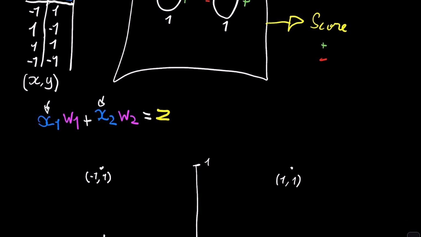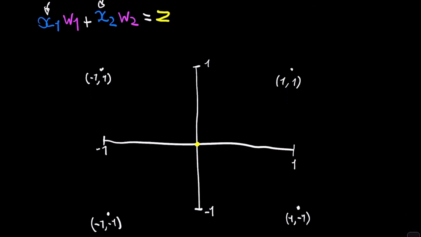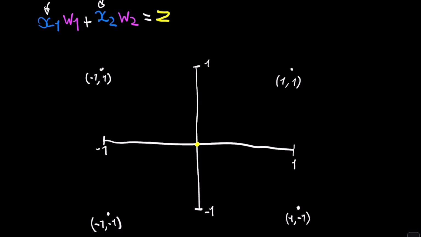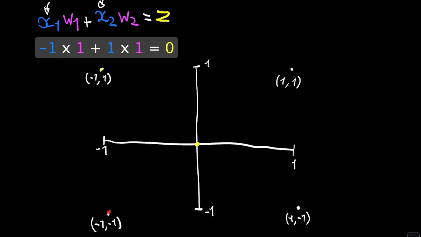With our weights dialed to 1, if we were to plug in this point right here, we would get a score of -2. So the sign would be negative, right? So we can already start classifying these. We could say this point is classified as negative. This point is classified as 0, so we can leave it unclassified.